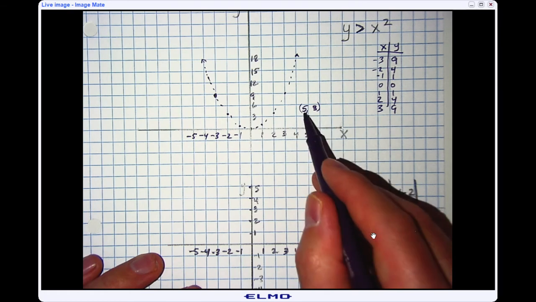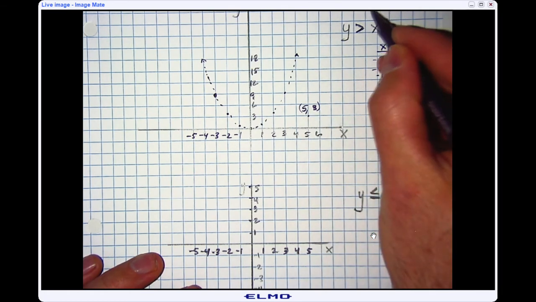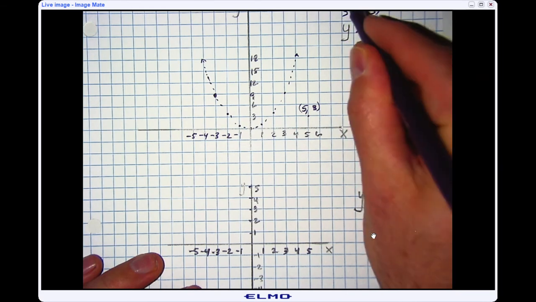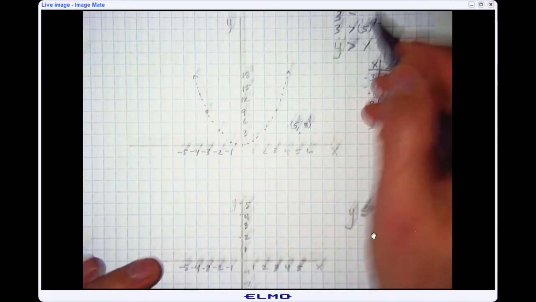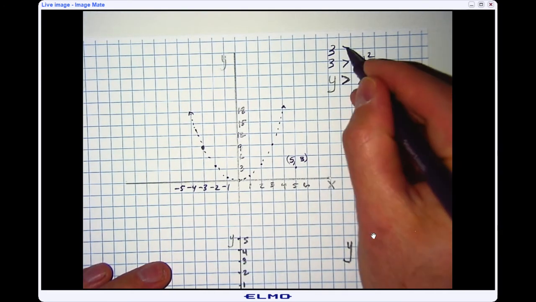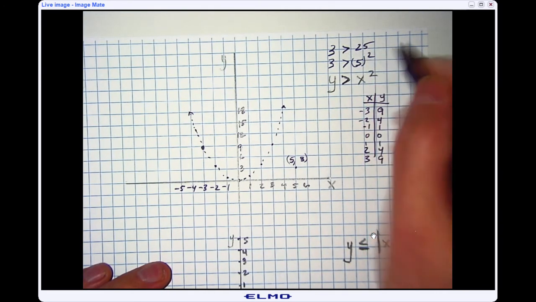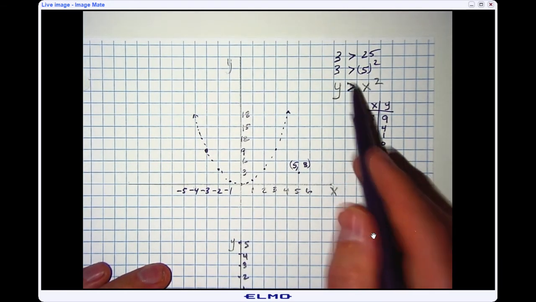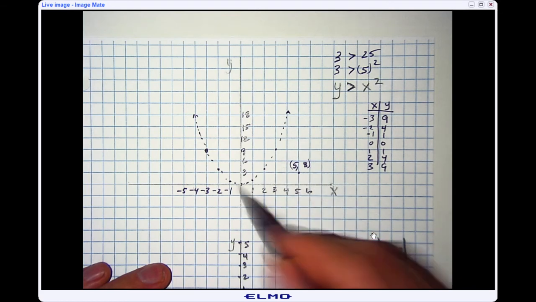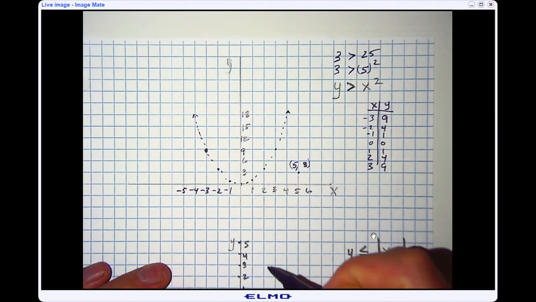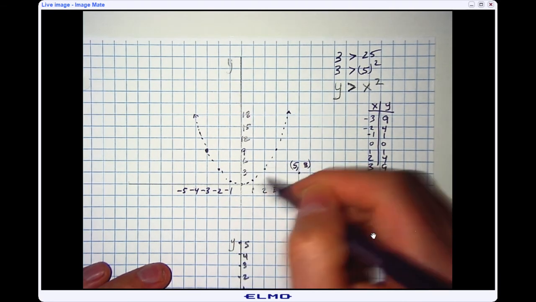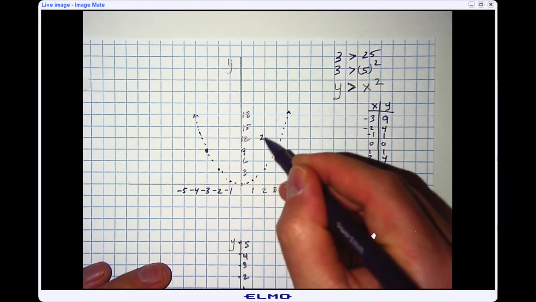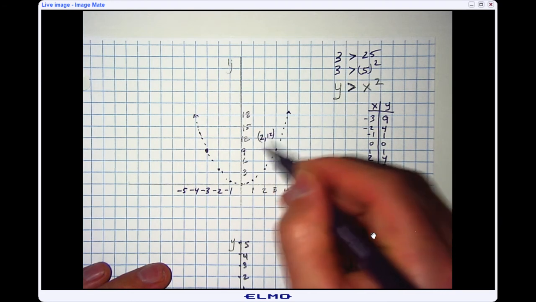So if I put in 5 for x, that would be 5 squared, and then the 3 for y. So that would be 3 is greater than 25, which is clearly not true. And when I put that in there and it doesn't work, that means nothing on this side of the parabola would work. So I'm going to choose a coordinate point that's definitely on the inside. And if you look at 2, 12, that's a coordinate point that's definitely inside the parabola.